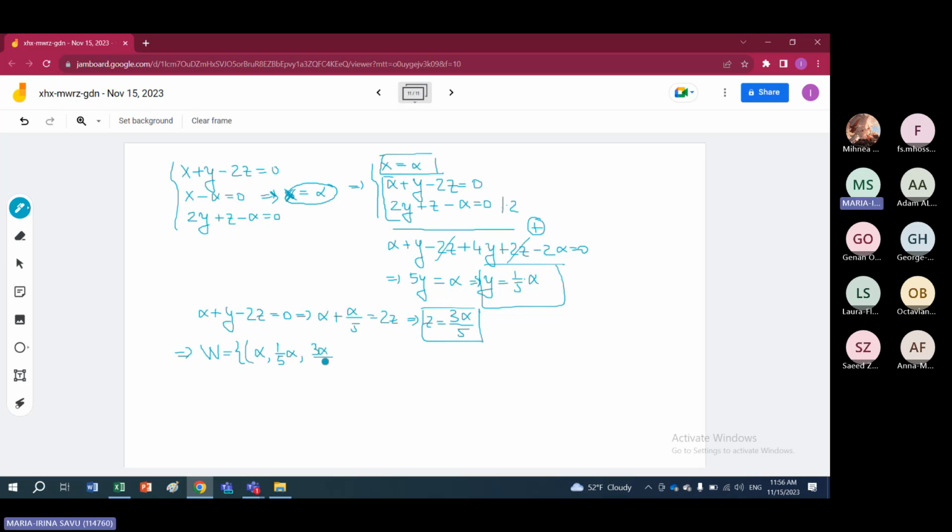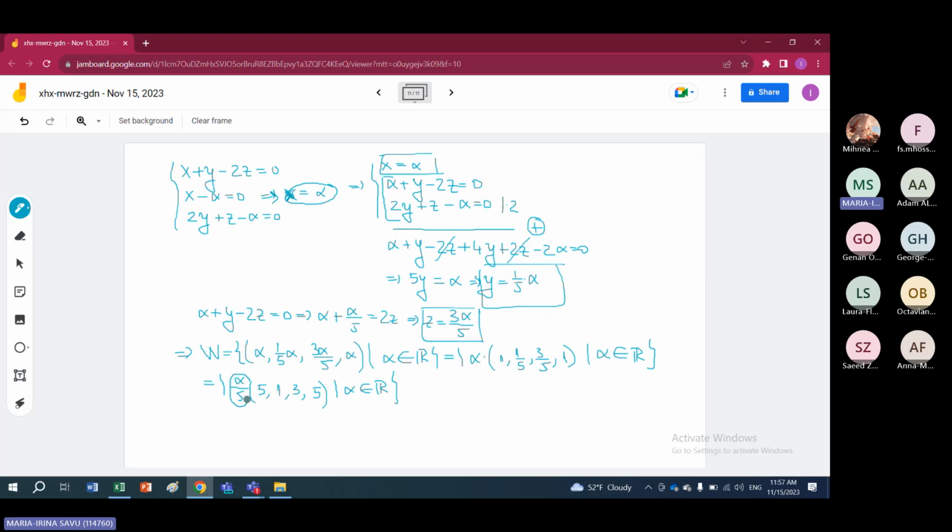You have 3 alpha over 5 instead of z, and t is alpha, with alpha in R. So alpha times (1, 1 over 5, 3 over 5, 1) with alpha in R. But if you don't like this writing because you have fractions, you could write alpha over 5 in front of this vector, and you have 5, 1, 3, 5, with alpha real.